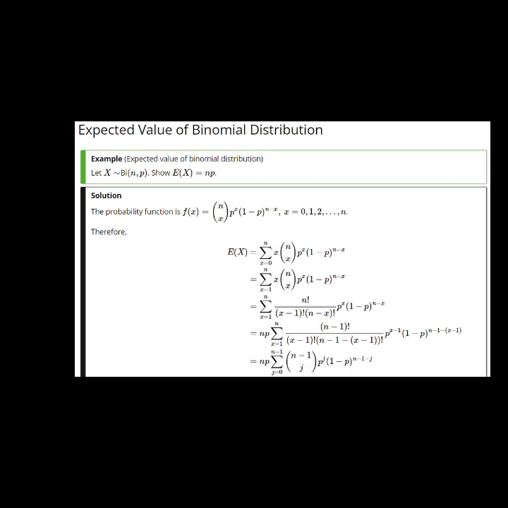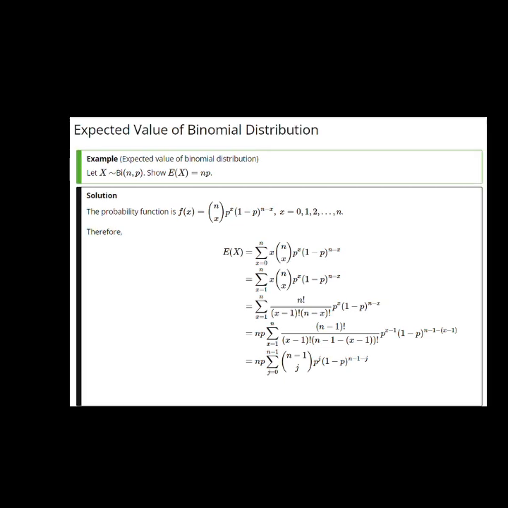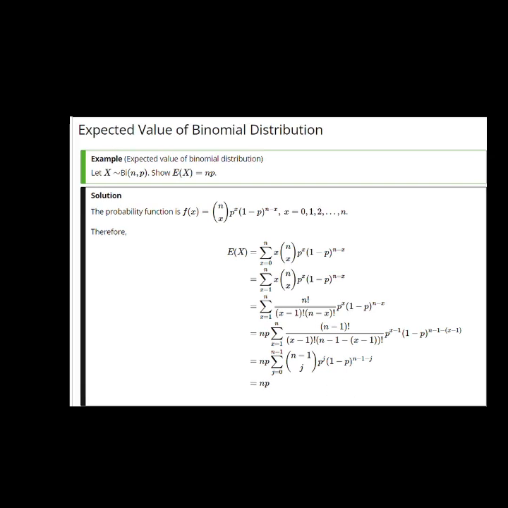So we have n times p times the sum of all of the probabilities for a binomial n minus 1, p, and that last object is 1. In other words, we end up with n times p. You should go over these steps on your own.